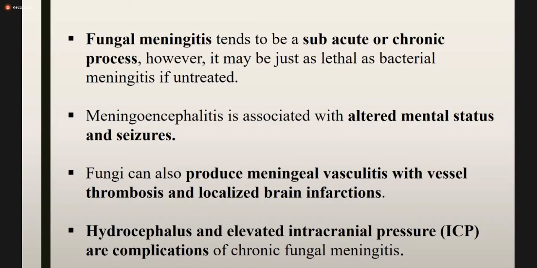It presents initially with altered mental status and recurrent seizures. These fungi can also produce meningeal vasculitis with vessel thrombosis and localized brain infarctions. So the patient can present with certain other symptoms also, and might develop hydrocephalus and elevated intracranial pressure, and complications after developing chronic fungal meningitis.